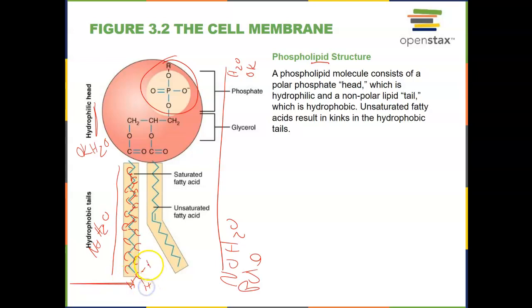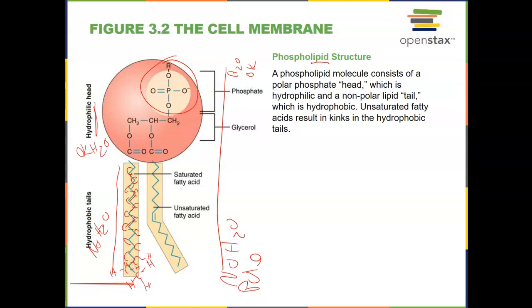So this terminal carbon binds to 3 hydrogens, rounding out its valence shell, and each one of these bonds to 2 carbons.